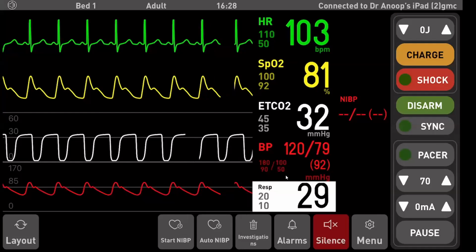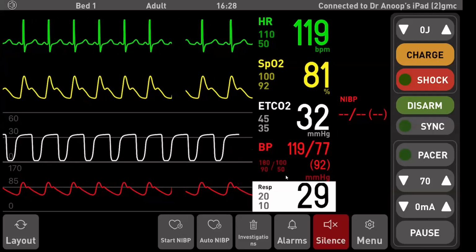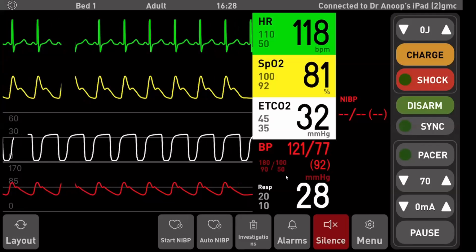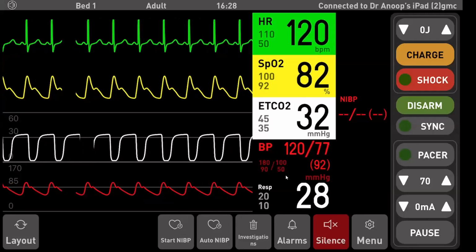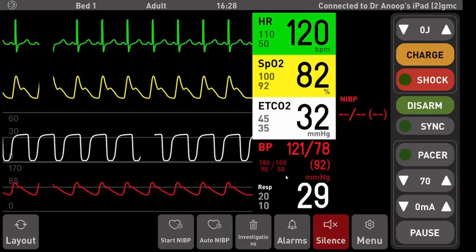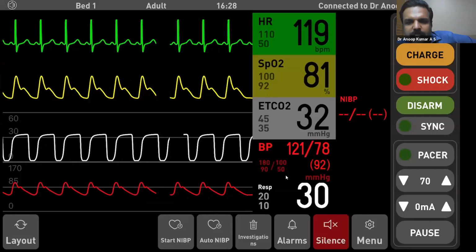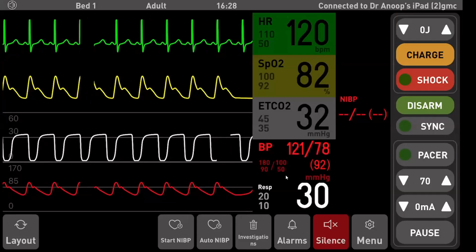But her saturation is on the lower side, sir. So I think we have given too much fluid, sir. So what you have to do, you tell. Sorry, I forgot the baseline saturation, sir. The baseline saturation was 94 when we were starting. Okay.